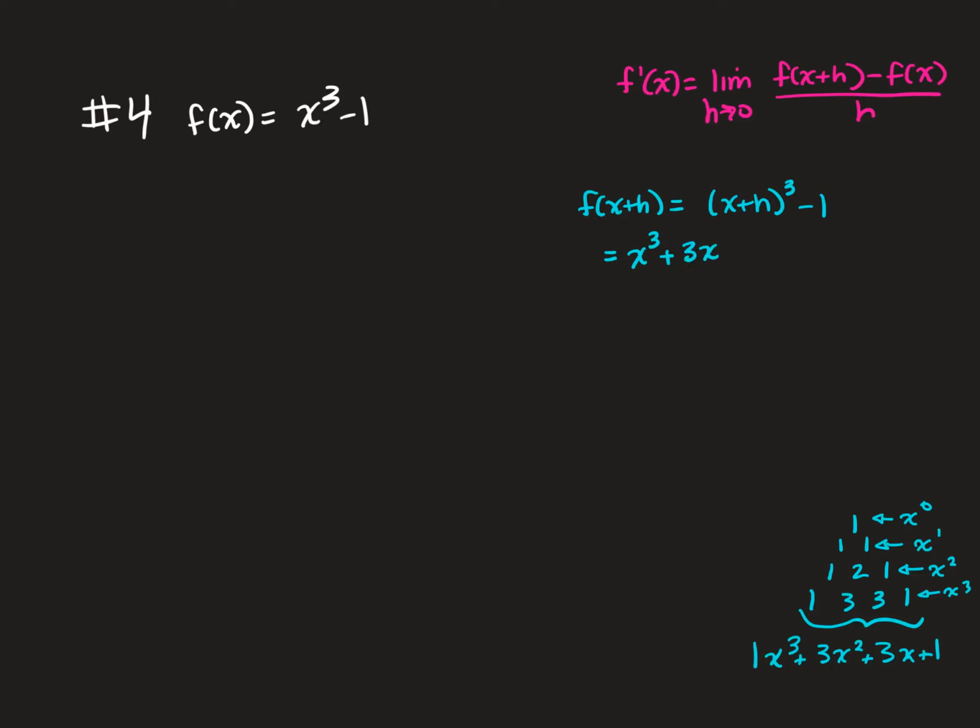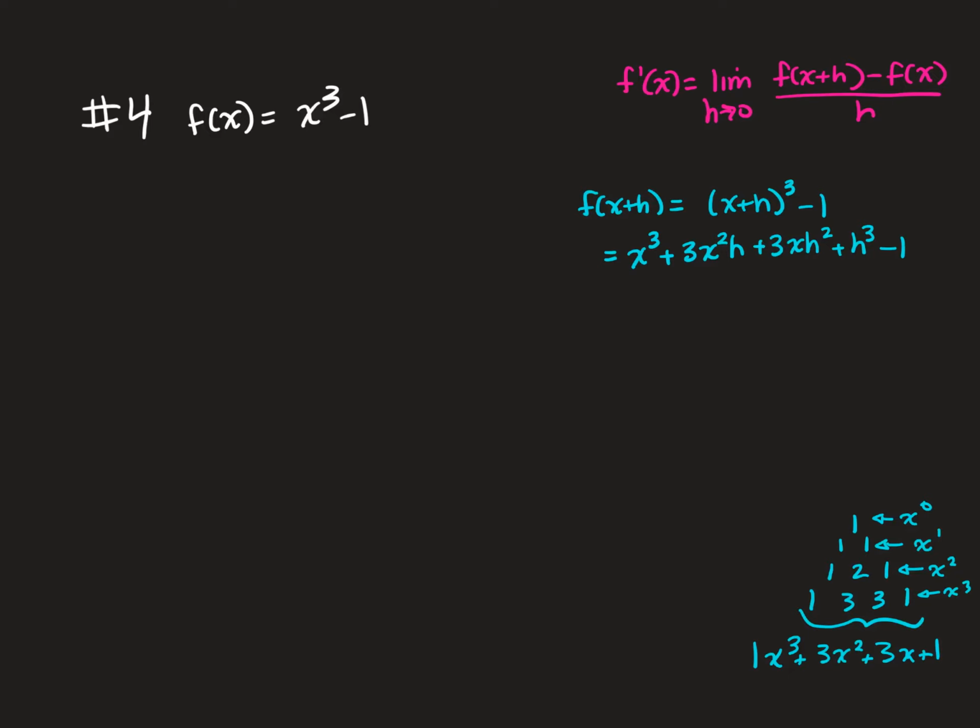So here is, and actually I missed the h's in there. I'll explain this in a second: x cubed plus 3x squared h plus 3x h squared plus h cubed minus 1. So in Pascal's triangle, this is just (x plus 1) cubed.